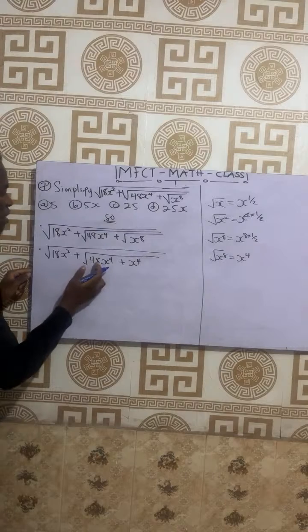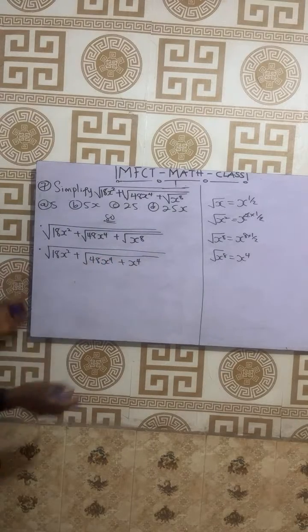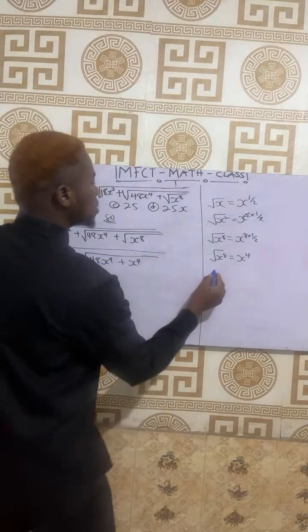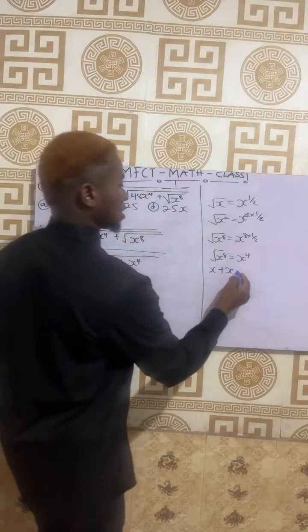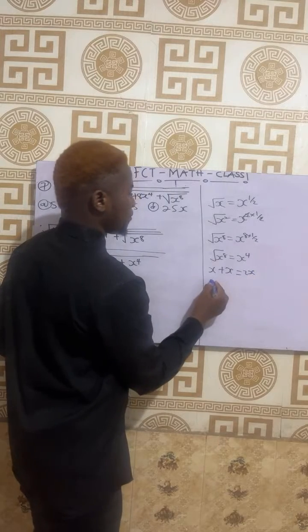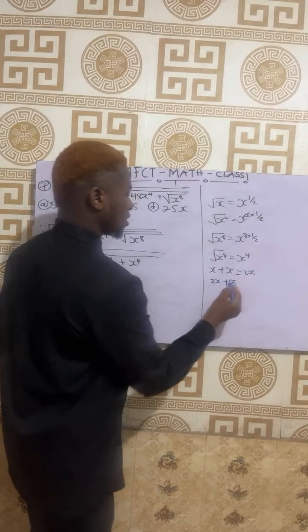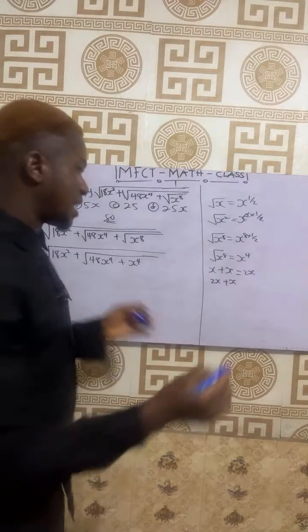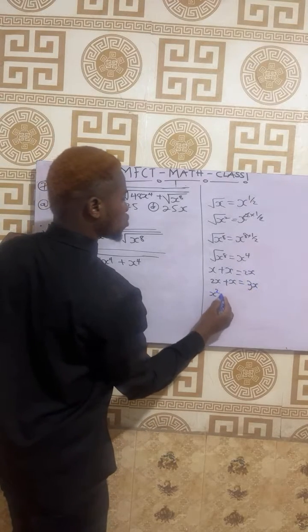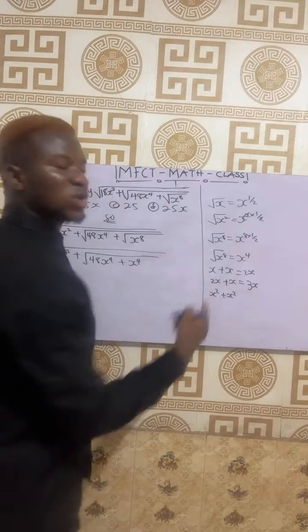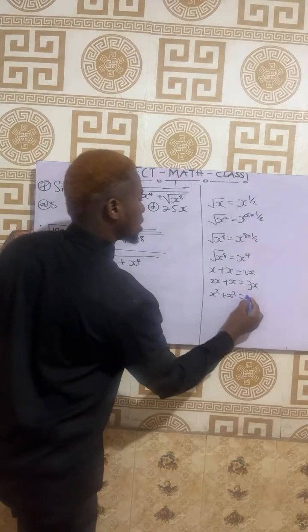Now, guys, what is 48 x raised to power 4 plus x raised to power 4? Let me ask you a question. Let's say we have x plus x. What is x plus x? That is 2x. If I have 2x plus x, what is 2x plus x? That is 3x. If I now have x squared plus x squared, what is that? That is 2x squared.